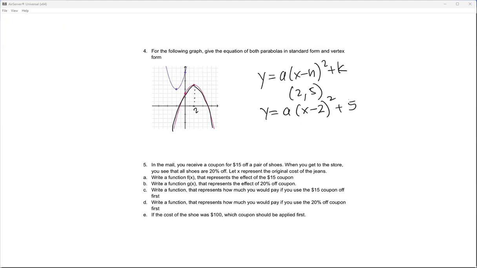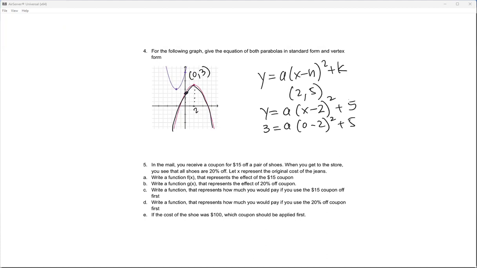How do we find the a? By plugging in one of these points. So 1, 2, 3. Let's plug in 0, 3. We're gonna temporarily plug it in for x and y. So it'll be 3 is equal to a times 0 minus 2 squared plus 5. You guys see where I did that? I used any point on that parabola, I plugged it in for x and y, and I'm trying to solve for a.